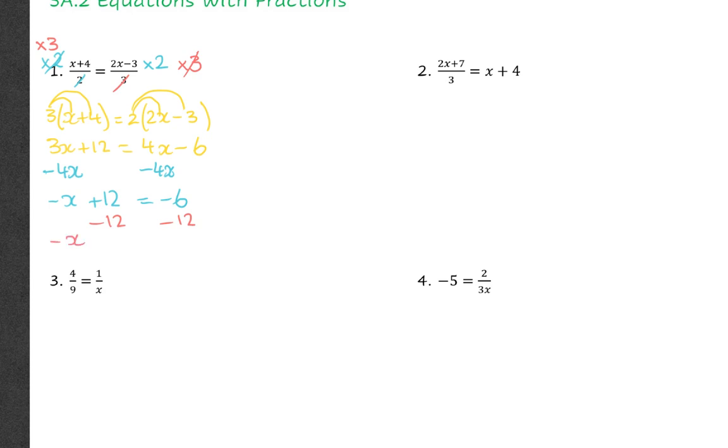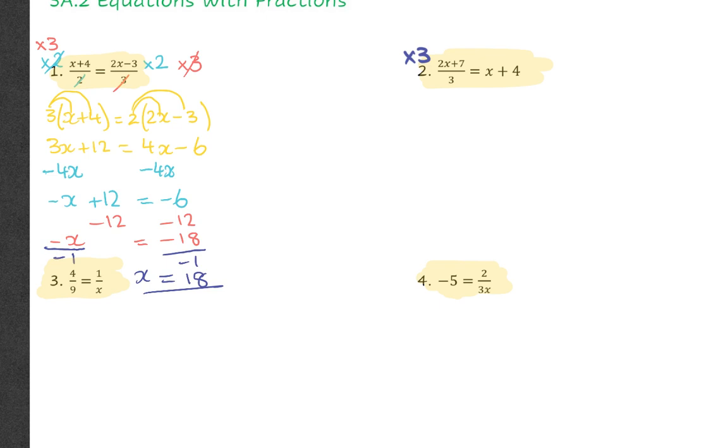So negative 6 minus 12, negative 18. Divide through by negative 1. There's a little negative 1 standing in there. So x equals 18. Well done.